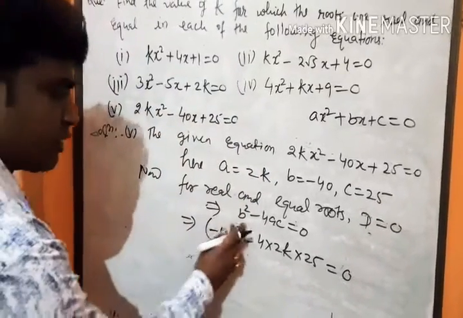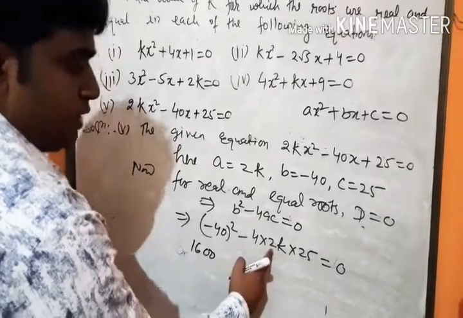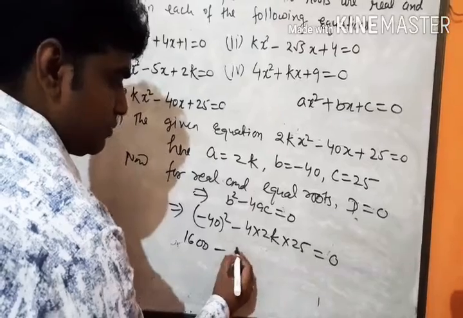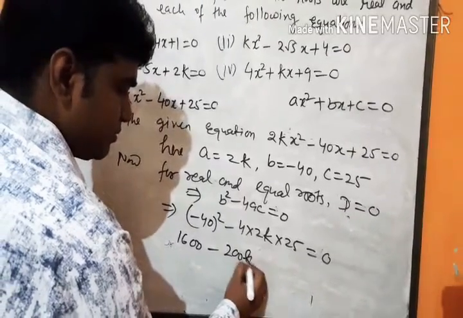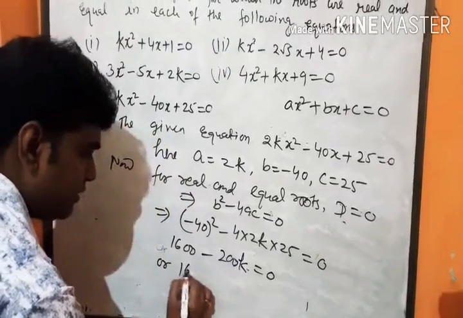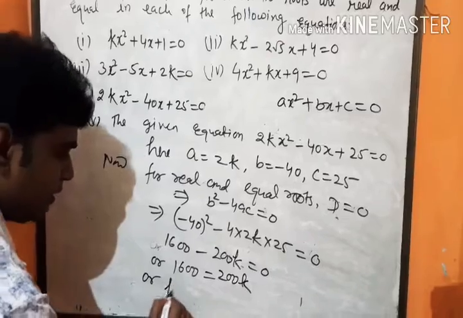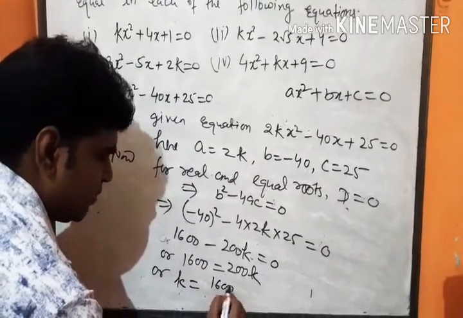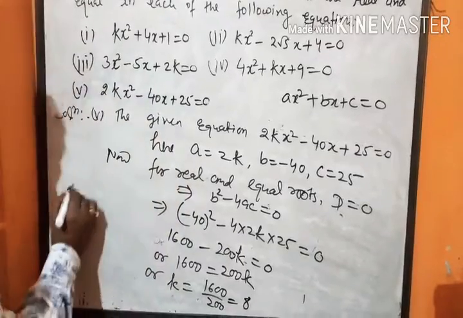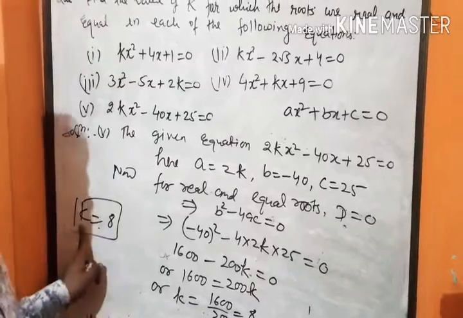The square of 40 gives 1600, and 4 into 2 is 8, 8 into 25 gives 200. So 1600 is equal to 200k, or k is equal to 1600 upon 200. It gives 8. So our solution is k is equal to 8. Hence we can say that for real and equal roots the value of k is 8.